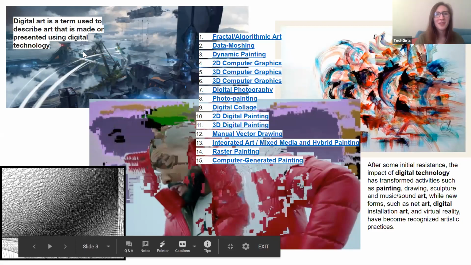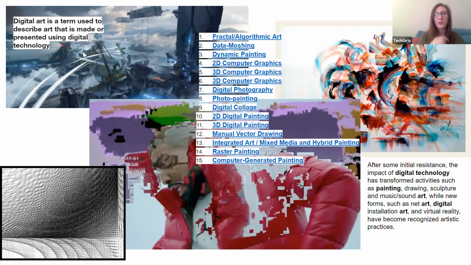Okay, sorry. So basically a computer-generated painting is an artwork where the artist gives instructions to the computer to paint the desired image or piece. Obviously the computer doesn't do it by itself; you're giving instructions via some sort of digital program.